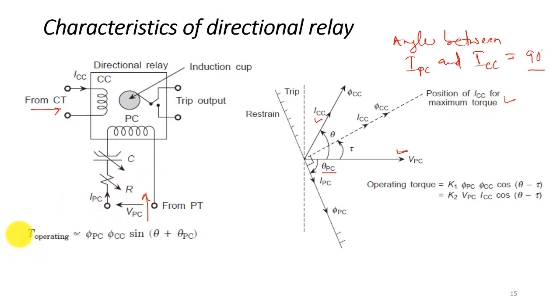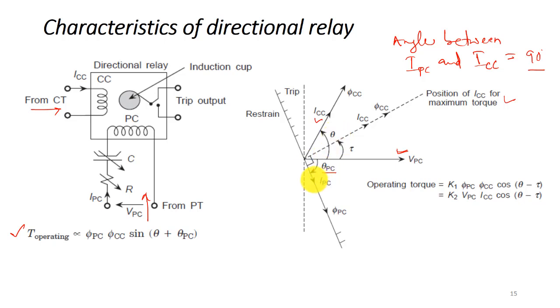Let us see how. We know that operating torque is directly proportional to phi PC into phi CC, the sine of the angle between these two fluxes. Phi PC is in line with IPC, and phi CC is in line with ICC. So the angle between phi CC and phi PC is theta plus theta PC.